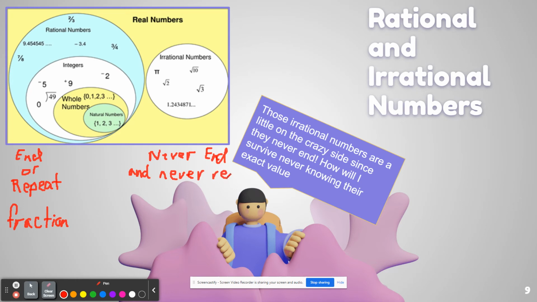So when I look at these, as soon as I see that it ends or repeats, I know it's a rational number. If I can't figure out that it never ends and never repeats, so the most famous is pi for irrational numbers. And then any square root that does not come out to be a perfect whole number. So like the square root of 2, I don't know what that is.